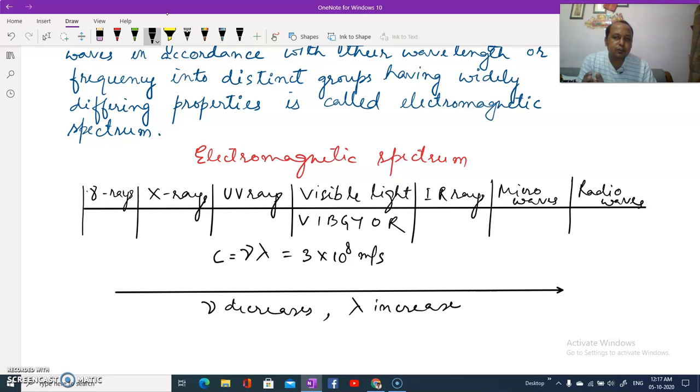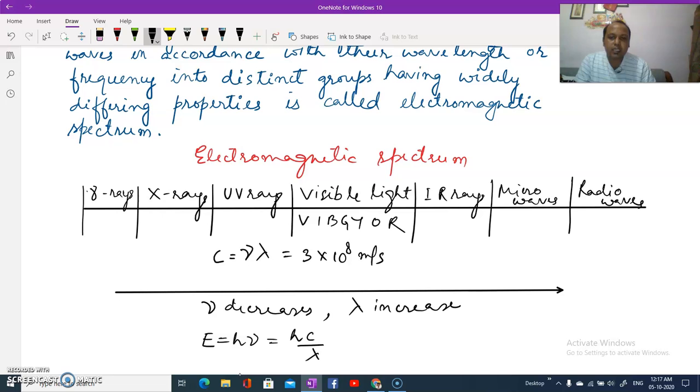So as we move from left to right, the frequency decreases. You can see here the maximum frequency is of gamma rays and the minimum frequency is that of the radio waves. You should understand one more thing here, that energy of an electromagnetic wave is given by h nu, Planck's constant into frequency, or we can also write it as hc by lambda, because nu is equal to c by lambda.